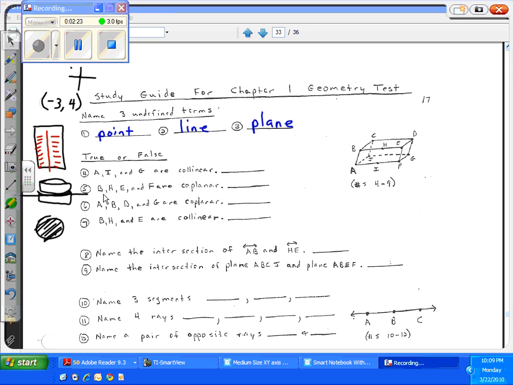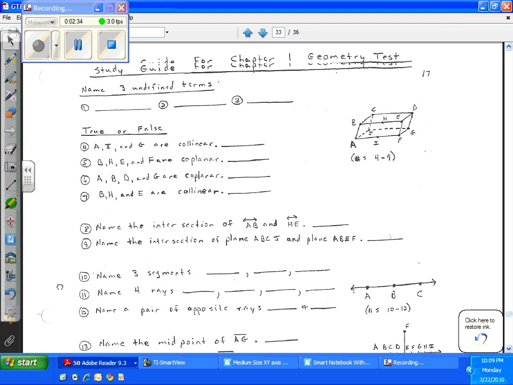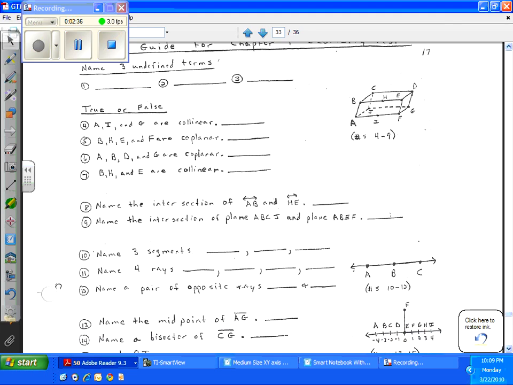Okay, so since points, lines, and planes really take up no space, they contain no matter, then we call them undefined terms.